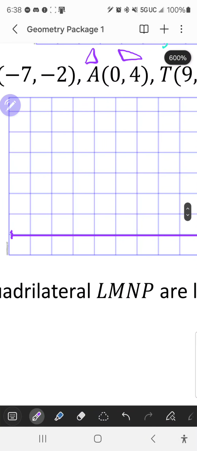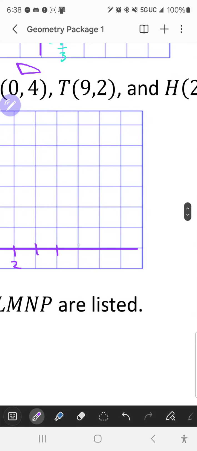So negative 8, negative 6, negative 4, negative 2, 0, 2, 4, 6, 8, and 10.